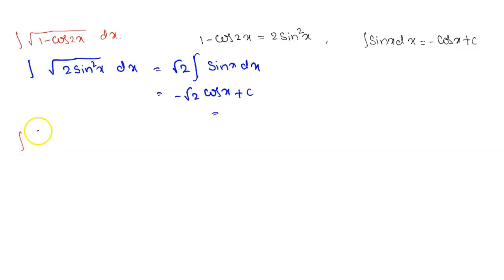Integral secant square x into cosecant square x dx. This is the question. Secant square x can be written as 1 by cos square x and cosecant square can be written as 1 by sin square x. So I am writing this function as 1 by sin square x into cos square x dx.